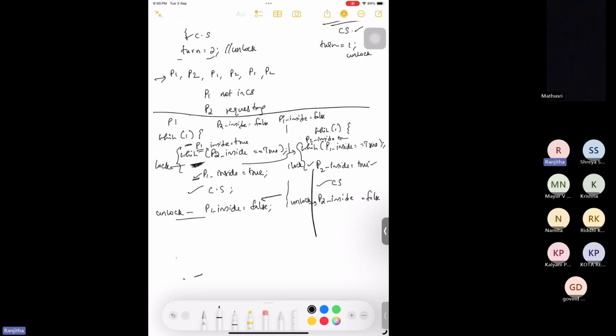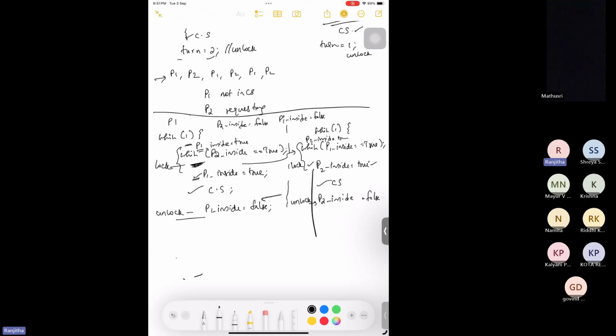Then when it comes back to P1, P2 inside will be true, so it will go on a looping wait. Again, P2 will see that P1 inside is true and also loop waiting. So with this solution, we will not achieve progress. Instead, we end up in a deadlock situation.